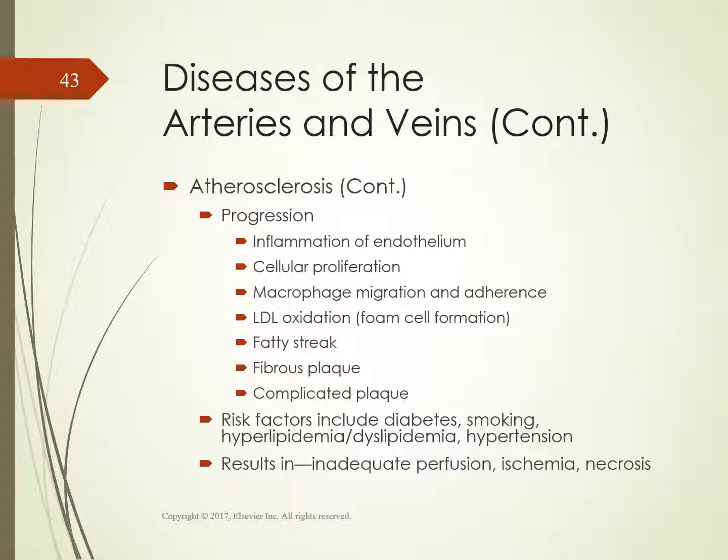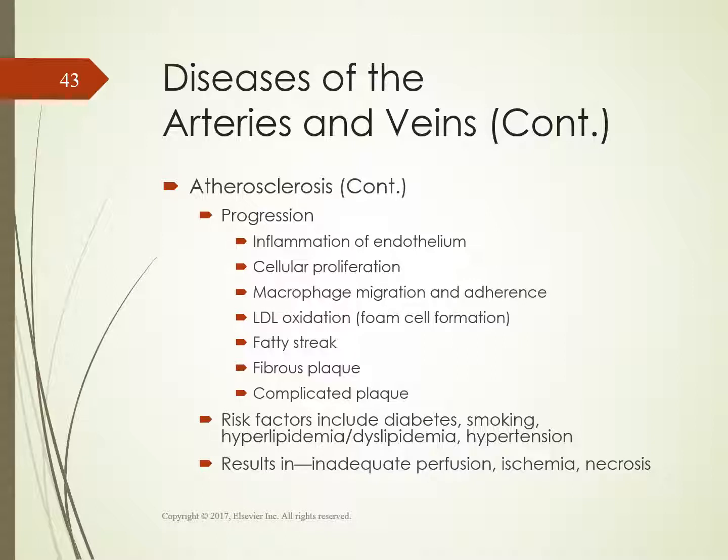So injured endothelial cells become inflamed. Inflammation plays a fundamental role in the initiation and progression of atherogenesis. Inflamed endothelial cells cannot make normal amounts of antithrombotic and vasodilating cytokines.